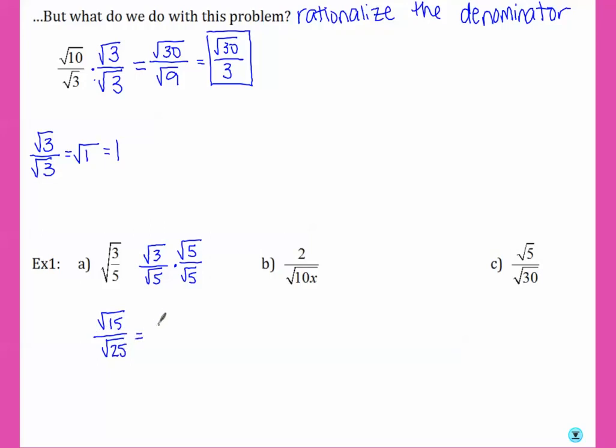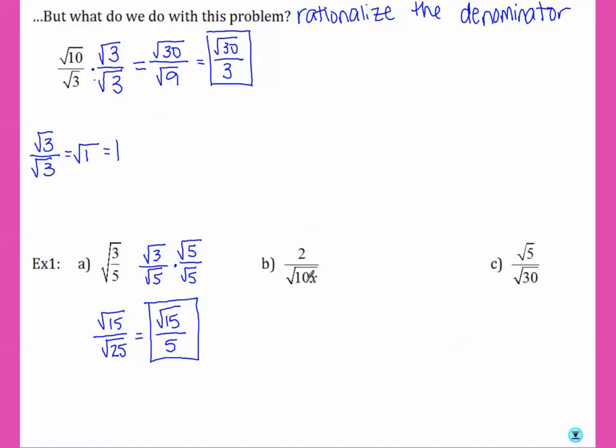And when we simplify, we get the square root of 15 over 5. And just a friendly reminder, for both of these, we can't simplify and say, oh, we got square root of 30 over 3, that simplifies to 10. You can't do that because the top has a square root and the denominator does not. Same thing here. Can't divide the 15 and the 5 because the 15 has a square root and the 5 does not.